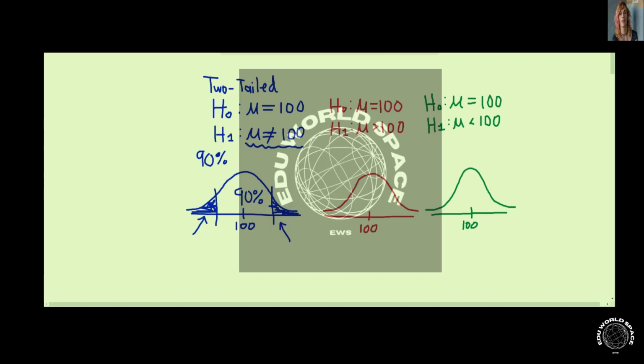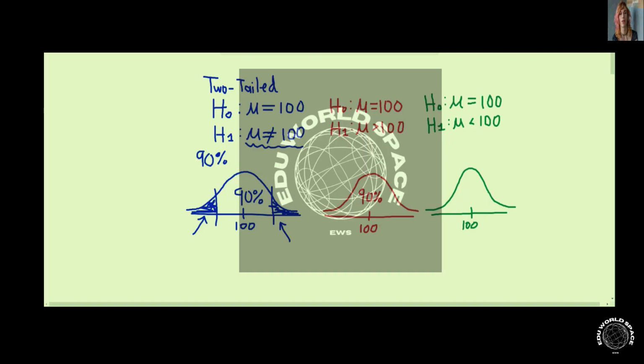Now if we look at the second example, these are both going to be one-tailed tests, the red and the green. But the red example specifically wants mu to be greater than 100. So again, we will make sure that the center area is 90% of the area.